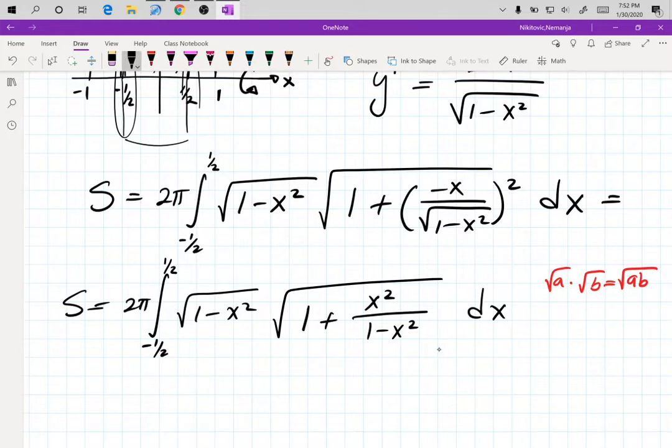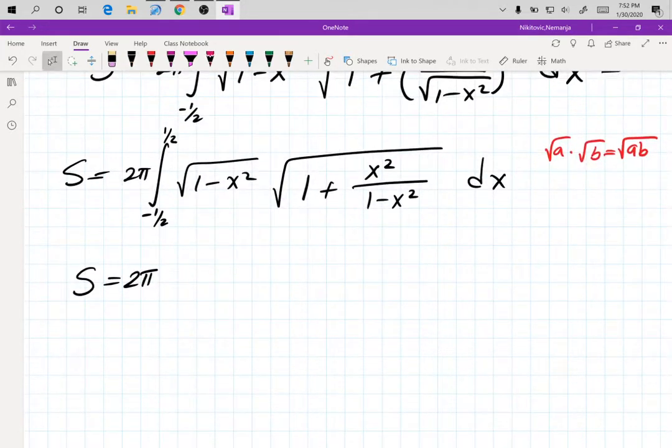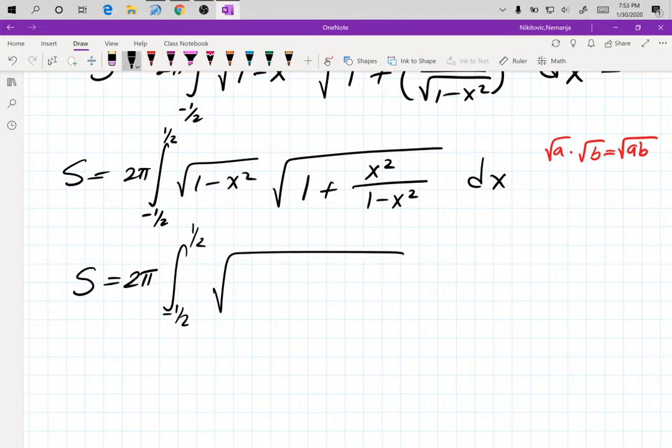So s equals 2 pi integral from negative 1/2 to 1/2. Now I'm going to have, instead of two separate roots, one root, and then I am distributing all of this into 1 and all of that into a fraction.